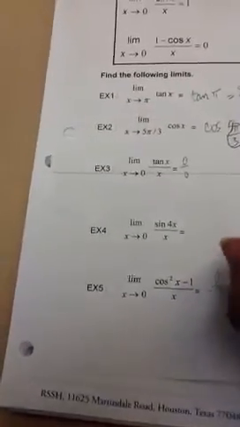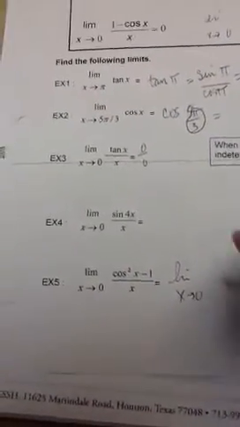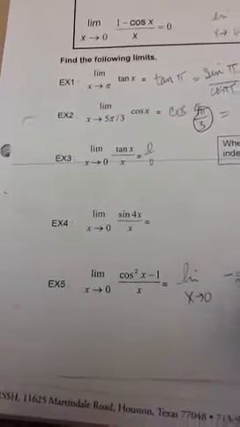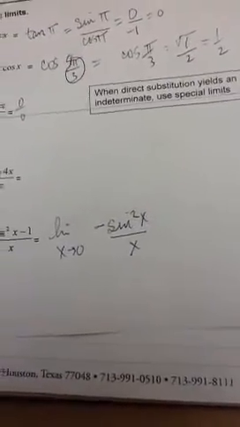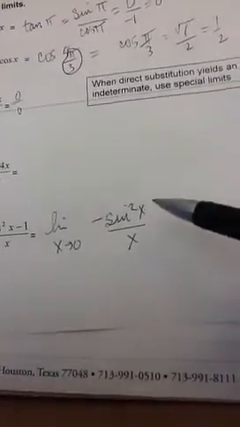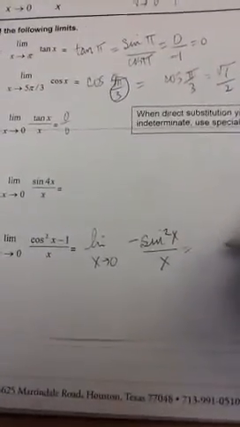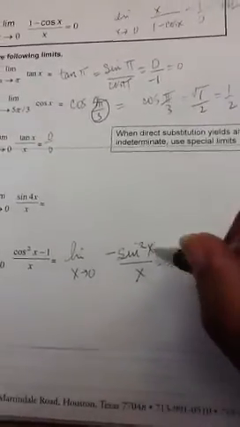So I could rewrite this as the limit as x approaches 0 of now all of that should be equal to a negative sine squared x over x. Well, negative sine squared x, isn't that the same as sine x times a negative 1?